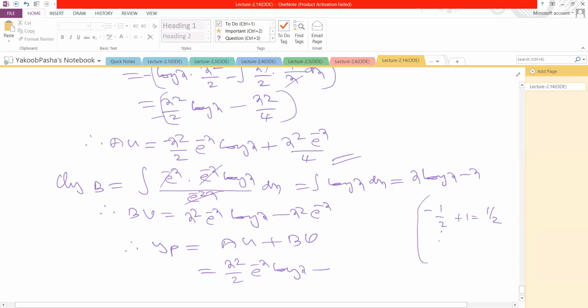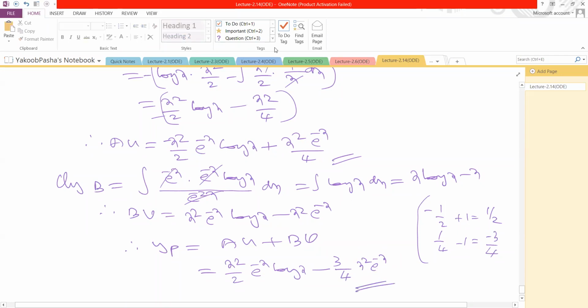Next 1 by 4, here 1, that is equal to minus 3 by 4. This is 3 by 4 x square e power minus x. Okay, this is the particular solution of the given differential equation.